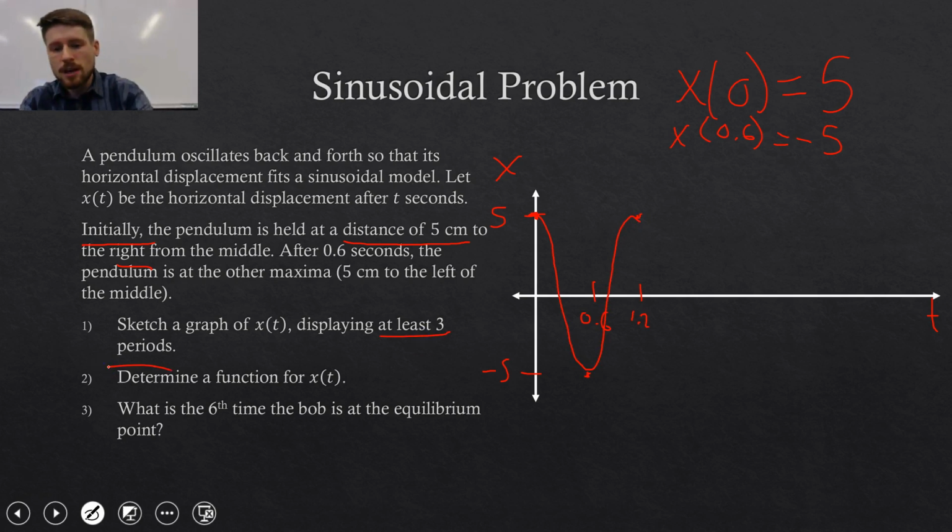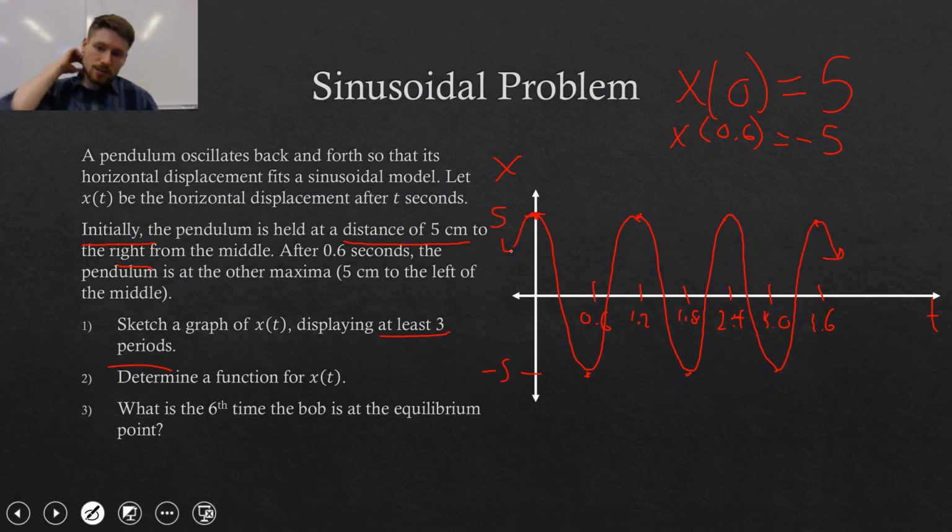So I'm going to go 1.2, and then 0.6 more is 1.8, then 2.4, then 3.0, and then 3.6. So 2.4 is here, 3.6 is here, there's our graph.